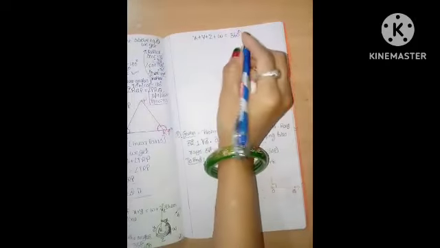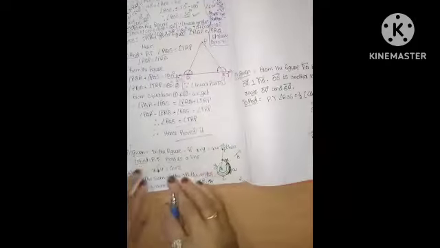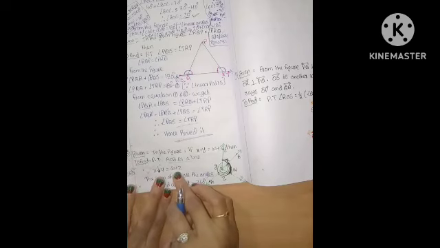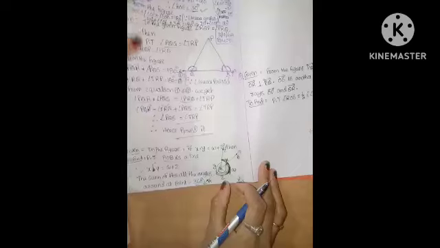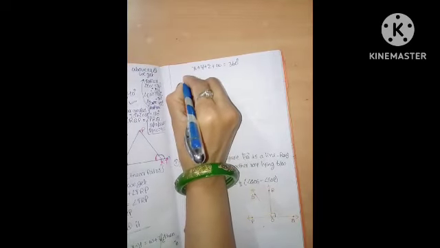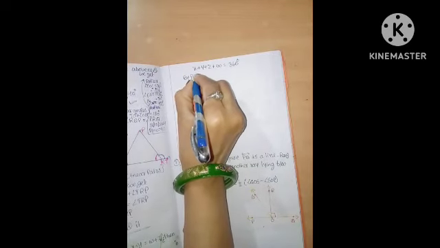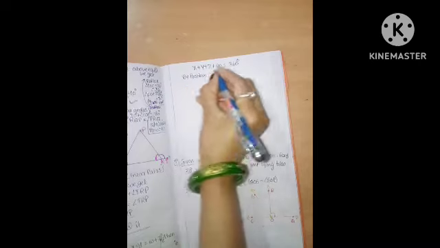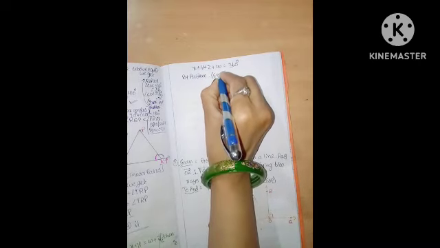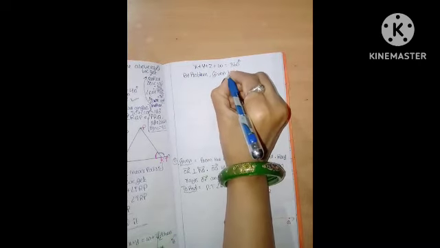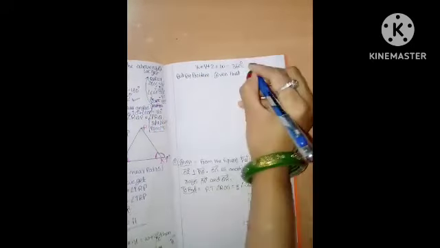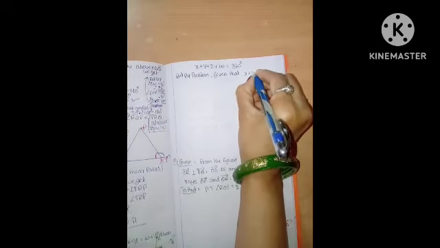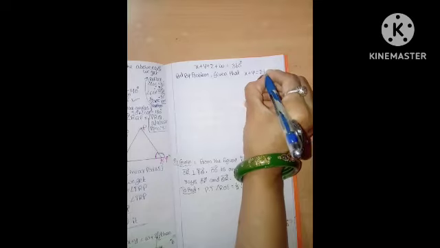But in the given problem, what is given? x plus y is equal to w plus z is given. So by the given condition, x plus y is equal to z plus w.